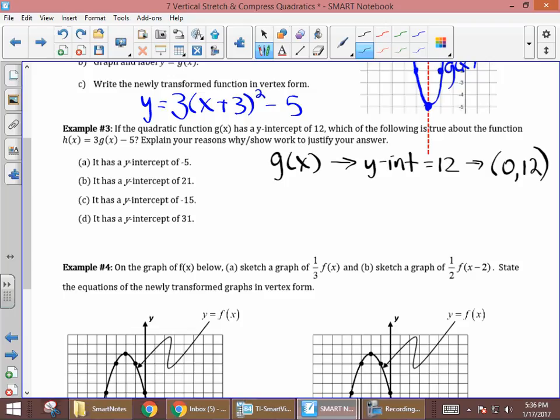So now it says what is true about h of x if it is defined as 3 times g of x minus 5. So all of these changes occur outside of the function g of x. I am going to multiply the y value by 3, so that's times 3 here, and then I am going to subtract 5.